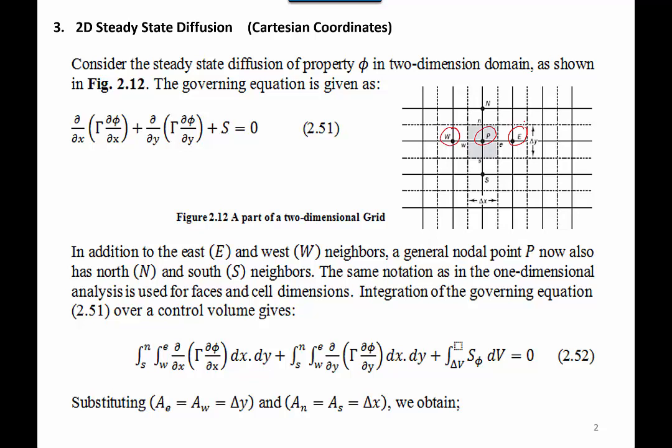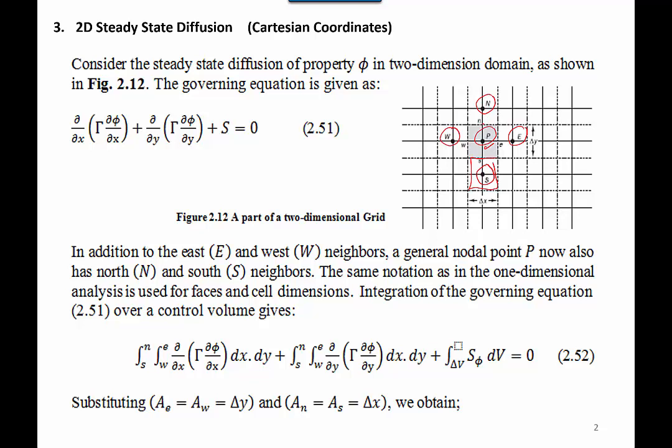We will add another control volume with a center point marked as big N, at the center of the upper control volume, and another point, big S, at the center of the control volume on the south side of our control volume.